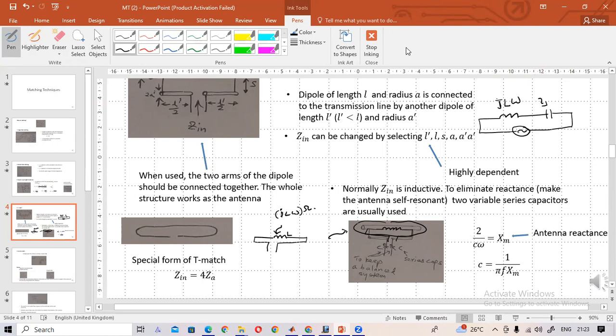And what is the reactance created by the capacitor? Can anyone remember? We have learned this.